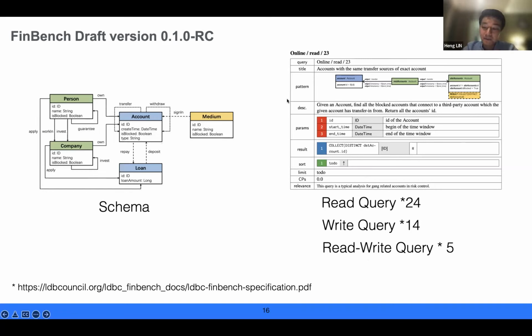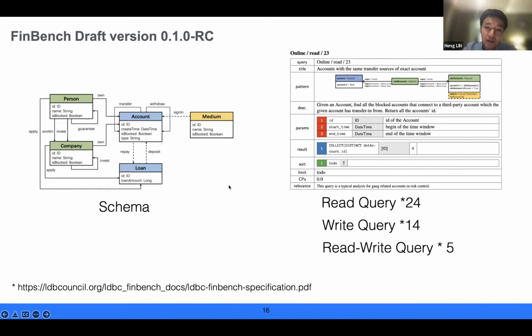It is some draft mostly from Ant Group, and we will check these queries very carefully to see which one will be resolved in the final version, or maybe also it has some other opinions.